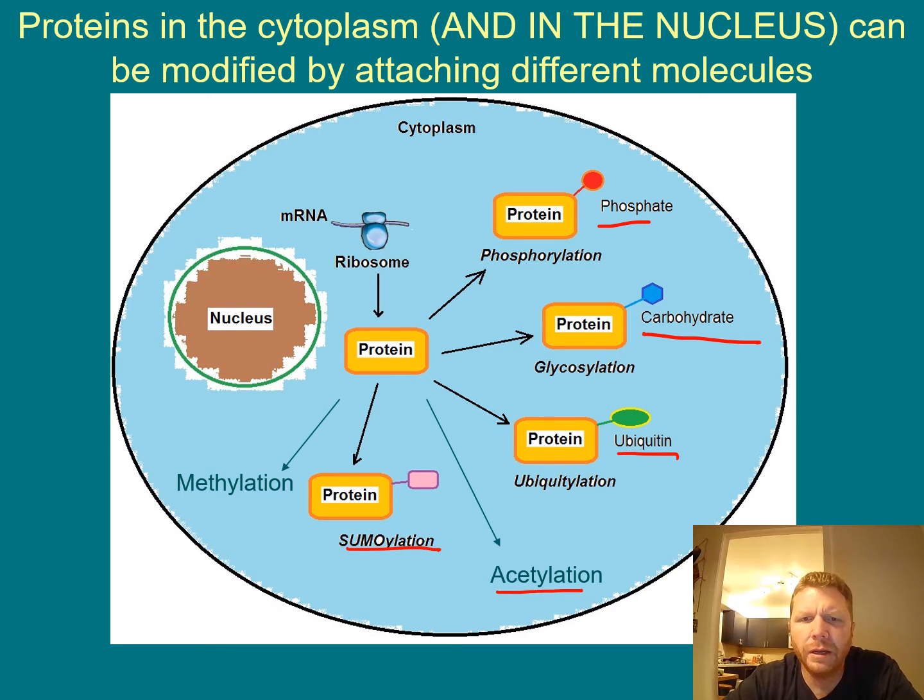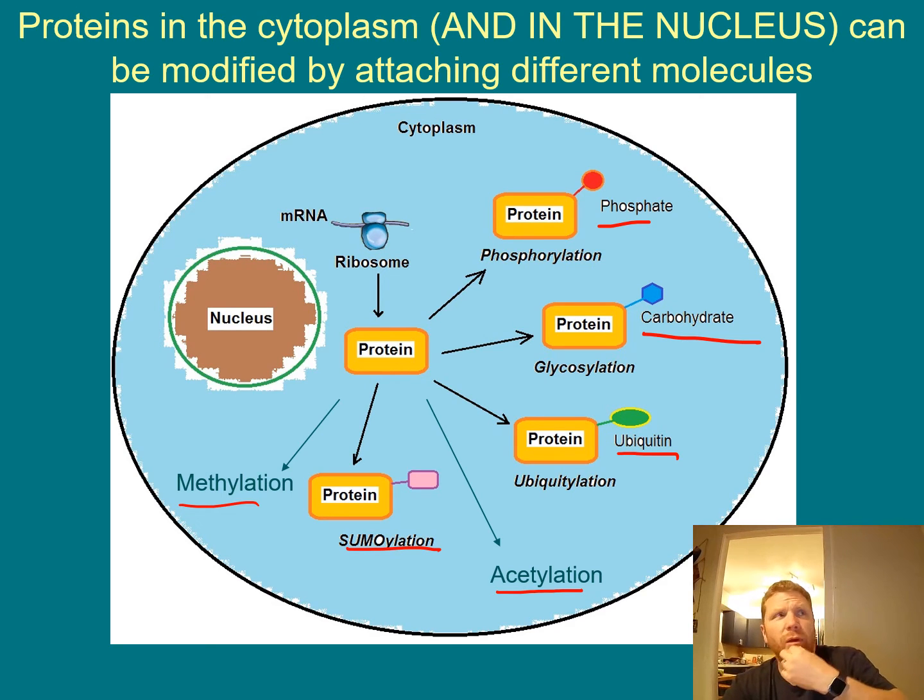Or go ahead and acetylate that protein, or methylate it. These are all different options of groups that can be added to a protein, and the protein is going to be different if it's phosphorylated or if it's been ubiquitinated.